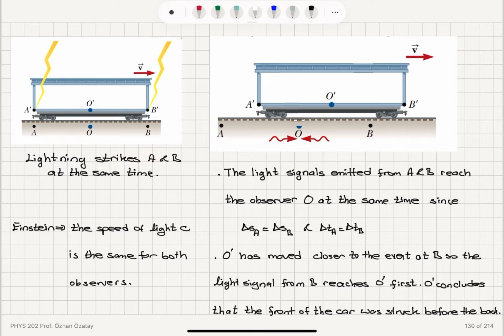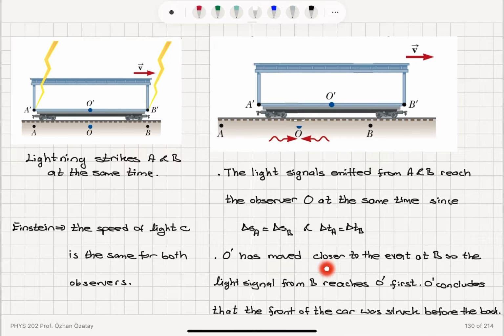All right. How about an observer at O prime, that is inside the wagon? O prime has moved closer to the event at B. So the light pulse that struck point B is going to have a smaller distance to reach O prime as compared to the light pulse coming from A, which is going to travel a larger distance.